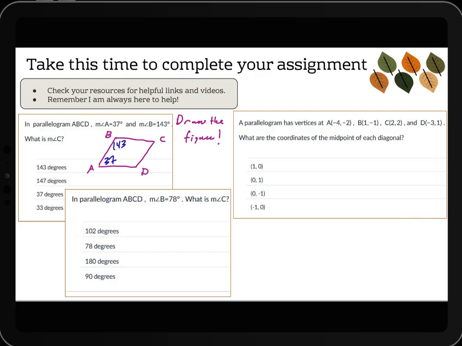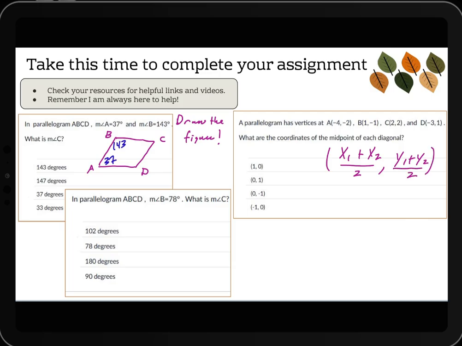I highly refer you to go back to the previous slide that we discussed because we talked about this very problem as an application. As far as the coordinates that you see over there on the far right for your parallelogram, keep in mind that I did recommend that you remember your midpoint formula, so x1 plus x2 divided by 2, y1 plus y2 divided by 2.